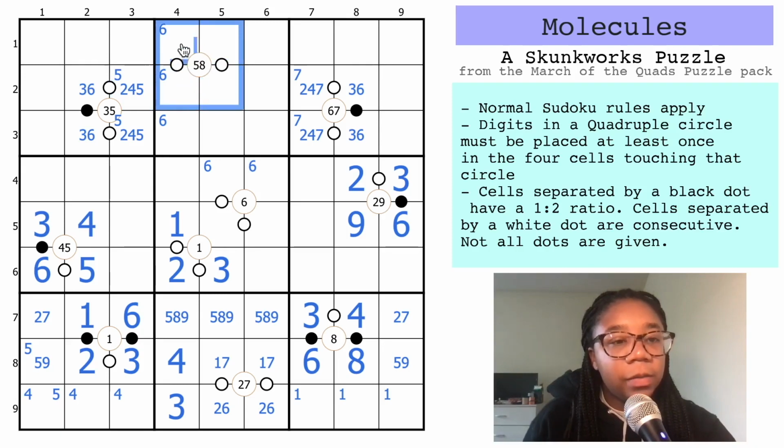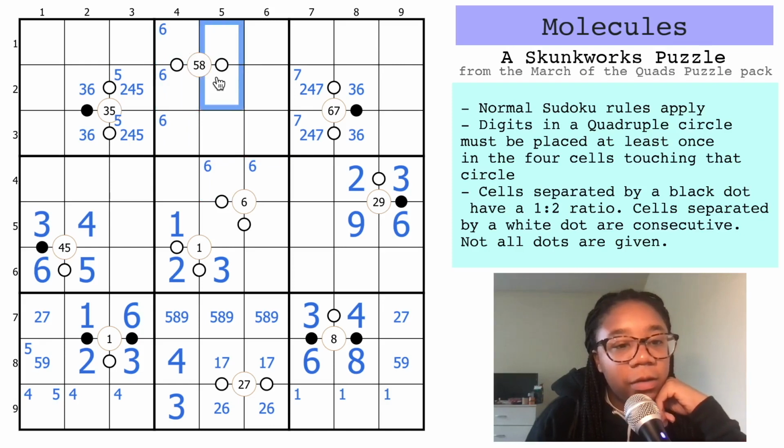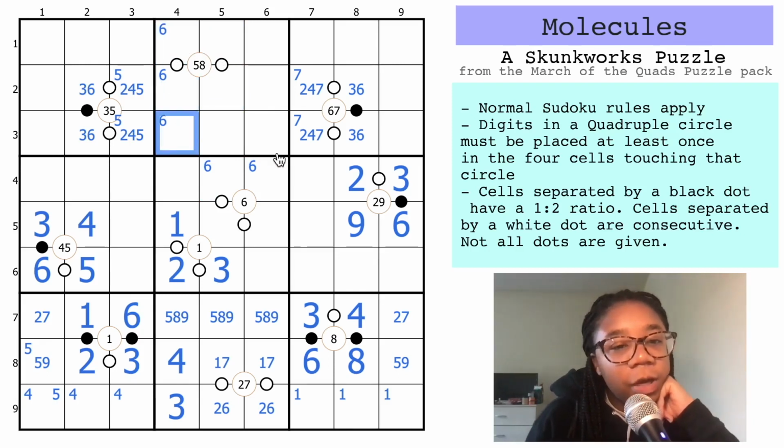Like I could do 5, 6 here, and then 8 could go with 7 or 9, or I could do 5, 4 over here, and 8 could go with 7 or 9 over here, and then there's a 6 here. It just feels like there's too many options for me to do anything effectively over there.